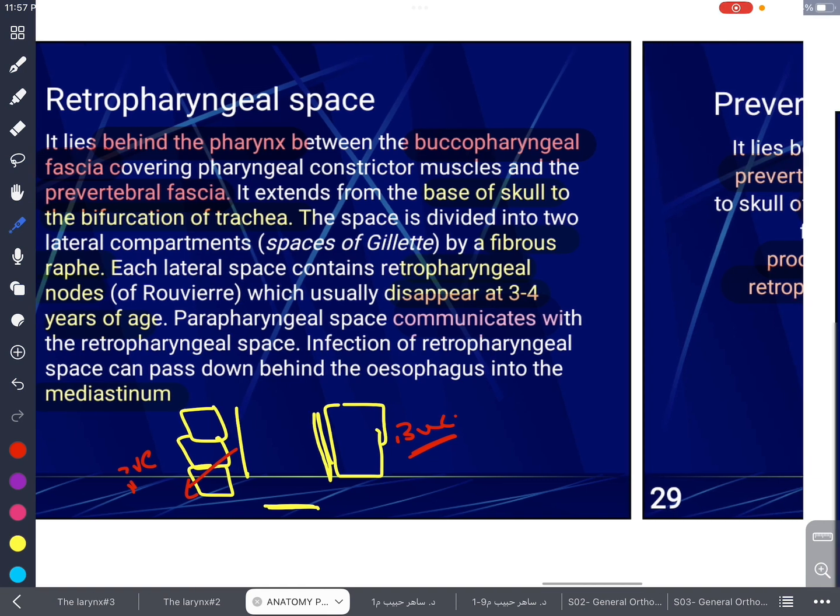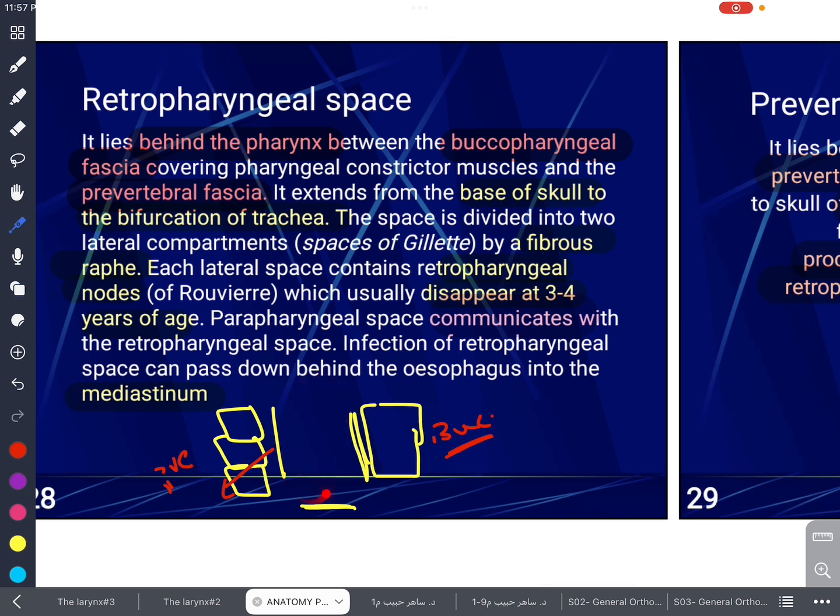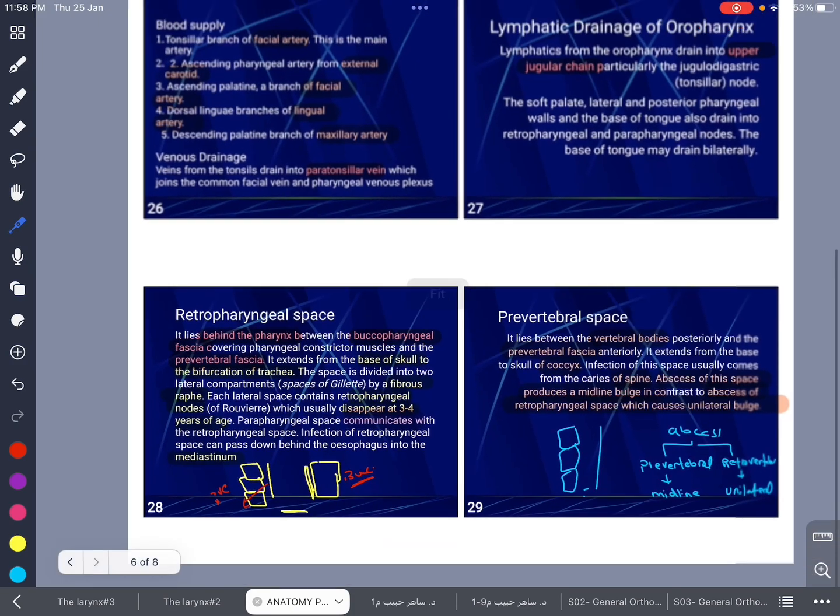There is communication between this retropharyngeal space and another space called the parapharyngeal space, which we will discuss later. If there is infection in this space, it can descend down to the mediastinum, because it extends to the trachea.